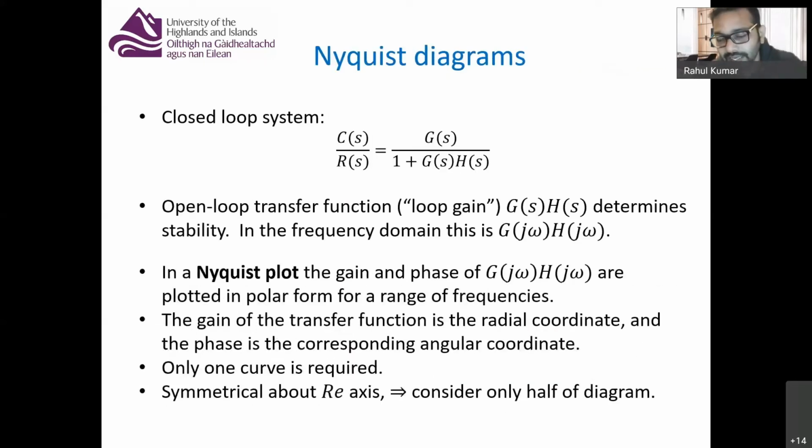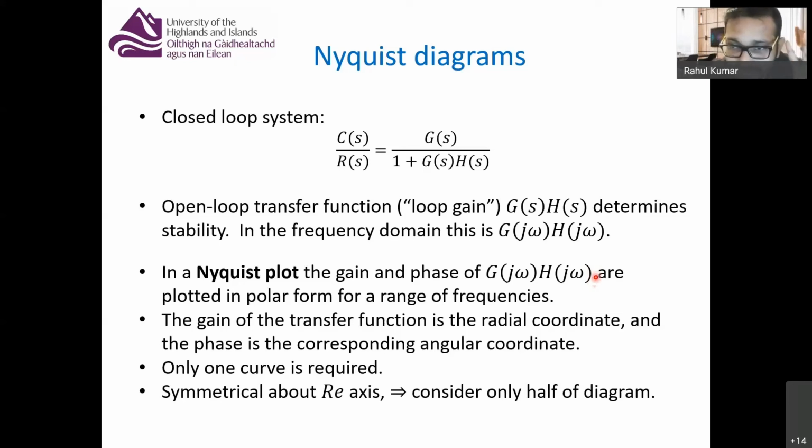Right. So that was all about the Bode plot. Now moving on to the next type of frequency response technique, which is the Nyquist diagram. Right. So in the case of the Bode plot, if you have to measure the gain margin and the phase margin, you have to move down from one plot to the other and backwards, right?